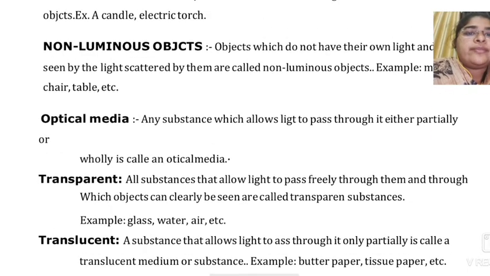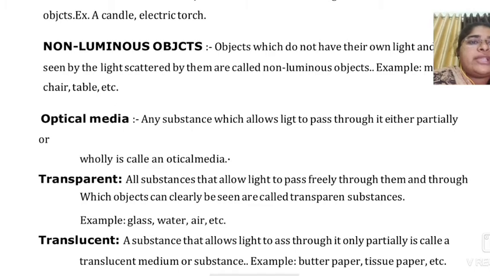Next, student, optical media. Any substance which allows light to pass through it, either partially or wholly, is called an optical medium. We already learned about some types of objects: transparent, translucent and opaque.